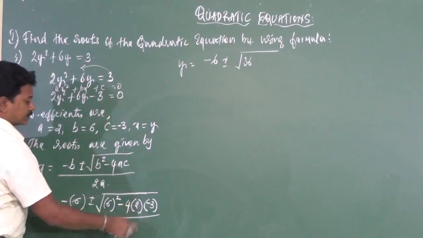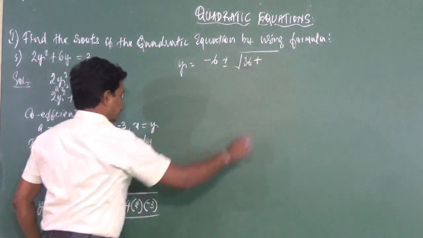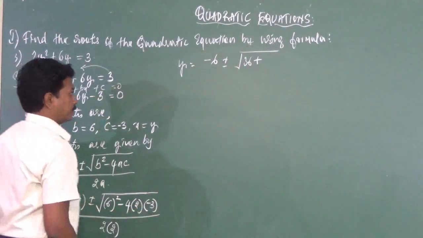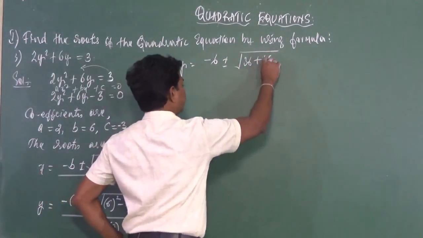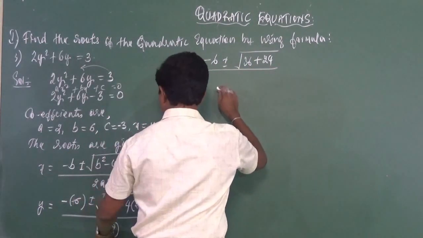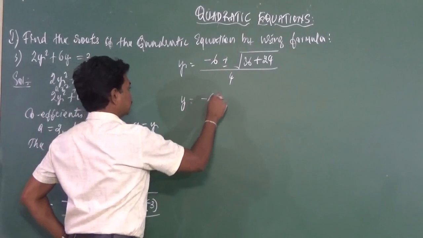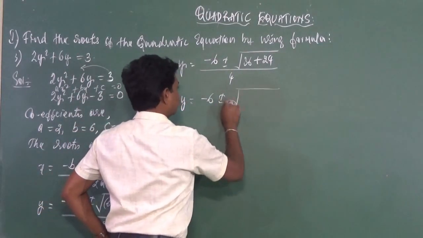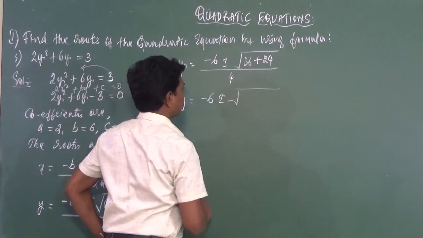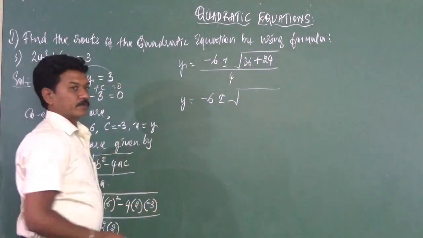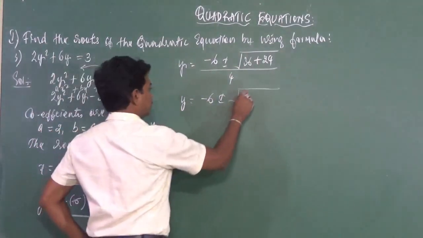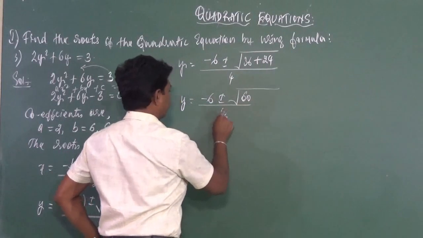Minus into minus is plus, we will write. So 4 2s are 8, 8 3s are 24, divided by 2 into 2, that is 4. So y is equal to minus 6 plus or minus square root of 36 plus 24, that is 60, divided by 4.